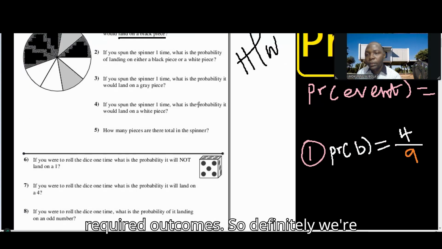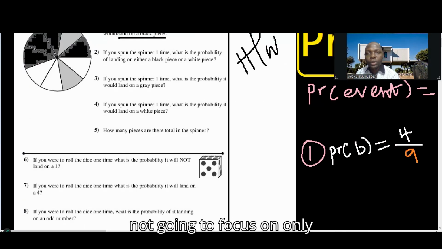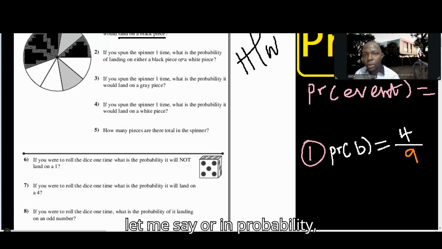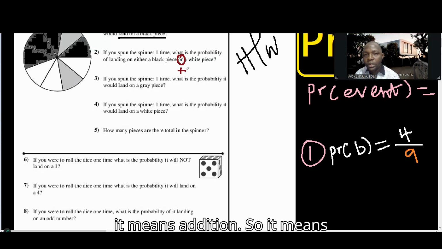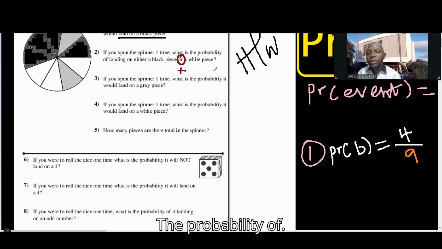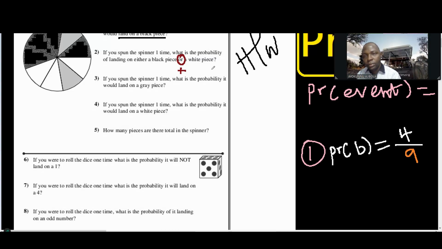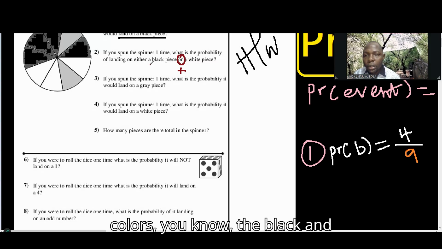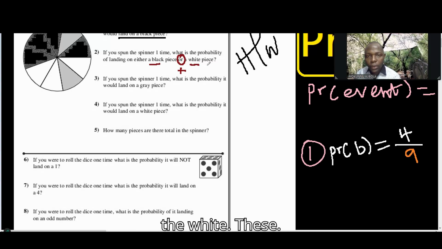So definitely we're not going to focus on only black. When you see or in probability, it means addition. So you should find the probability of both of them, both colors, the black and the white piece.